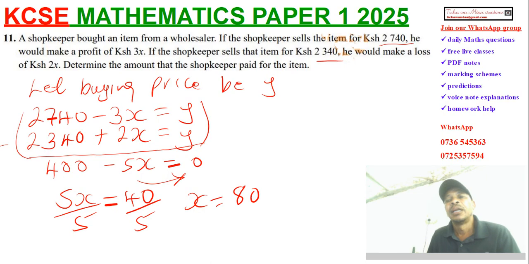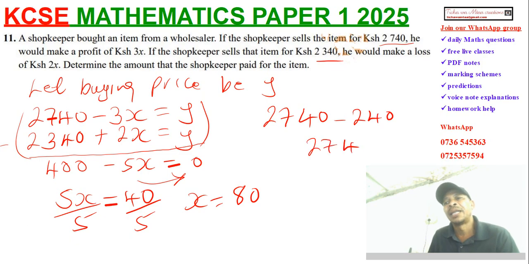So this means that the buying price, we can say it is 2,740 minus, multiply 80 by 3, that will give us 240. So when you subtract 240 from 2,740, this is subtraction.